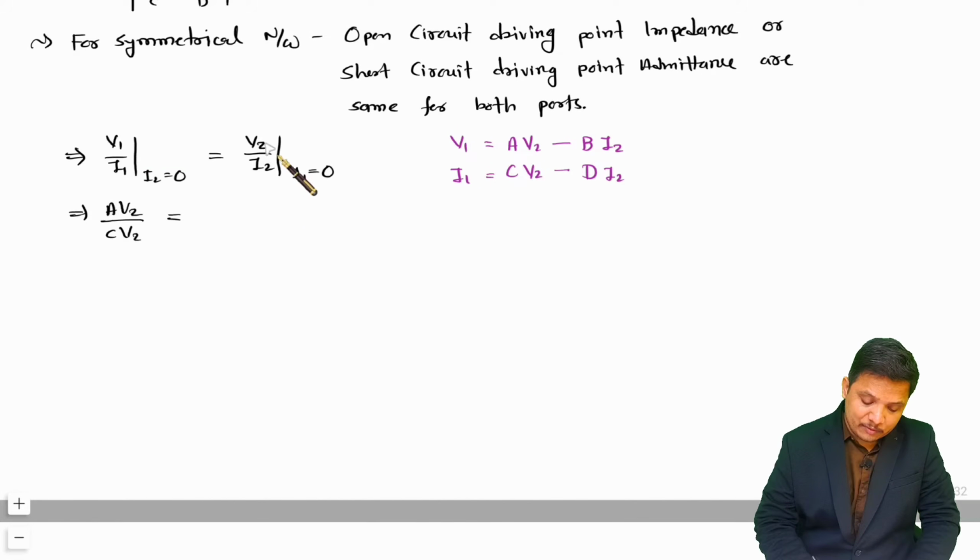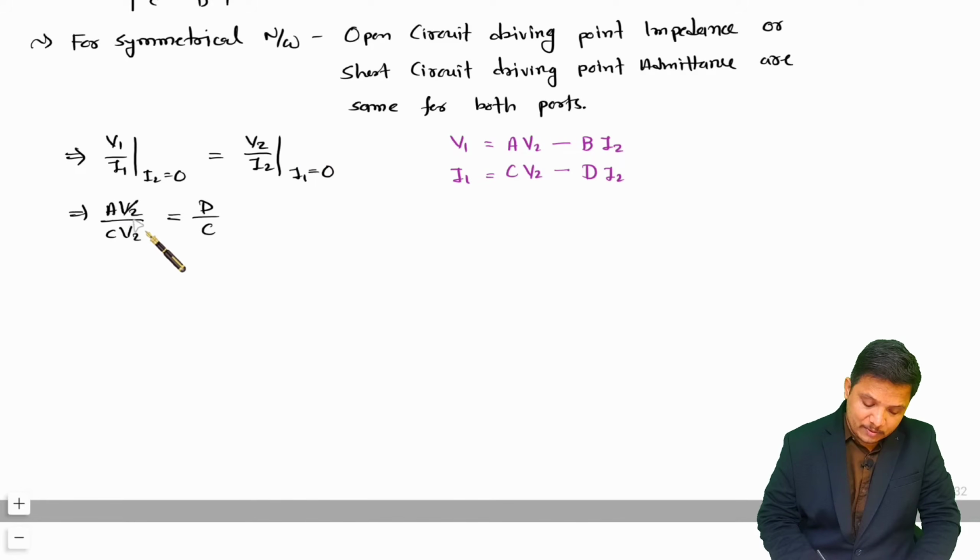Now we need to find V2 by I2 when I1 is 0. When I1 is 0, you can observe this is 0, so on the other side you will have DI2 equal to CV2. So you can say V2 by I2 is D by C.